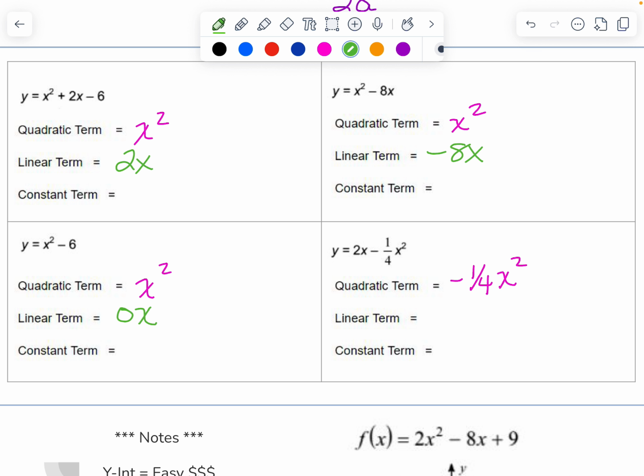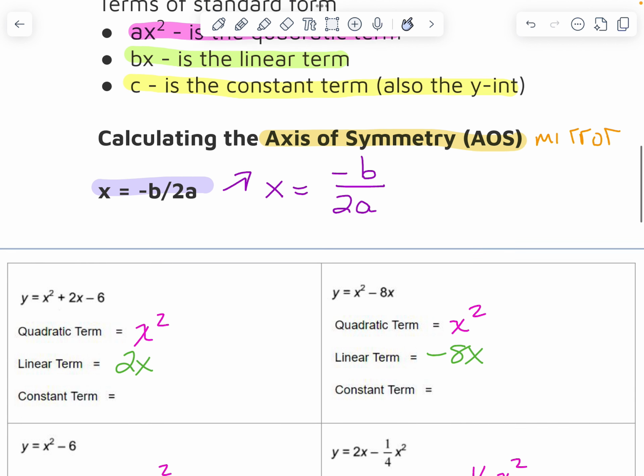That's important to conceptualize, that there is a 0 for the b value, especially if I need to find the axis of symmetry. And then finally, the linear term is 2x in the last one right there.